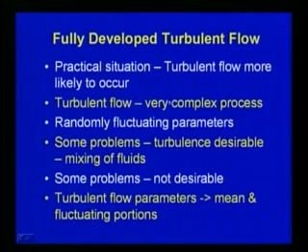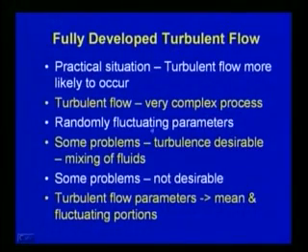Turbulent flow, as we discussed in our earlier chapter on turbulence, where we have discussed the details about turbulent flow, is a very complex process, and we have to take care of the flow situation with respect to a mean value and a fluctuating component.